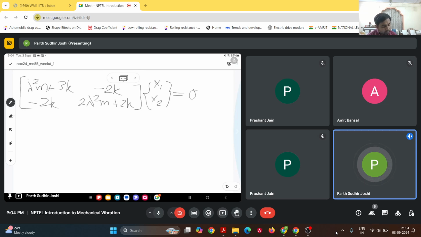So if we want to find V11 corresponding to lambda 11, we will say lambda 11 square m plus 3k times x1, minus 2k x2 is equal to 0.